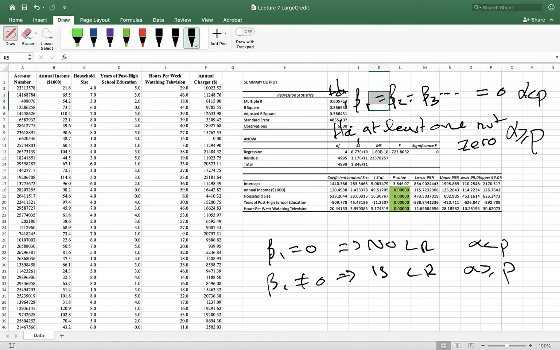So again, any reasonable value of alpha, say 5%, will be greater than 0. So that means that at least one of the betas is not equal to 0. So that means the model is valid.